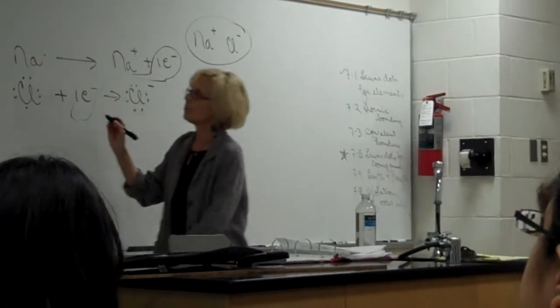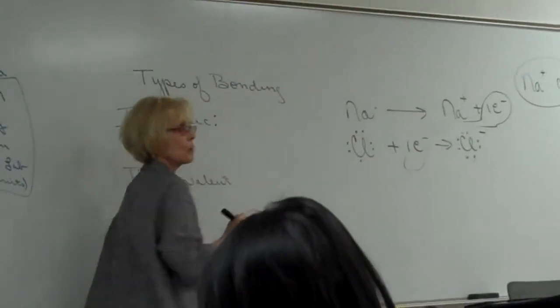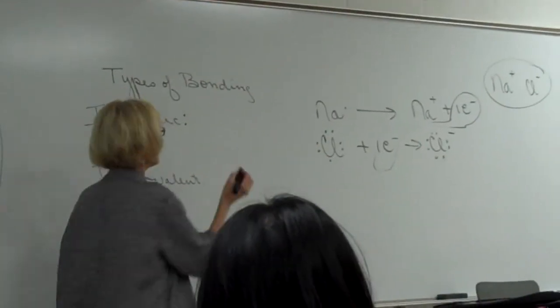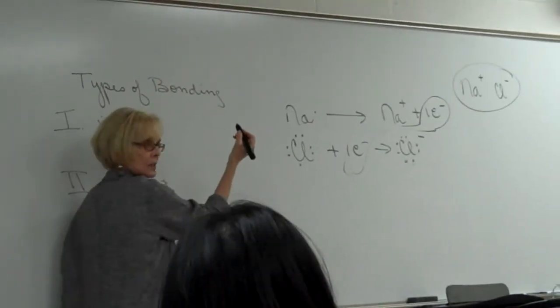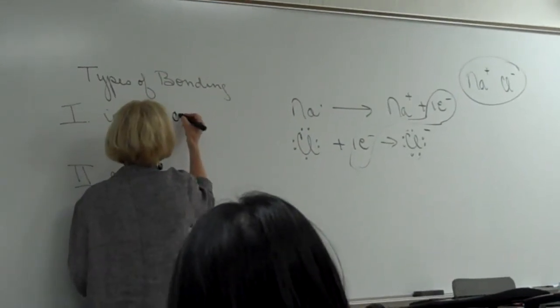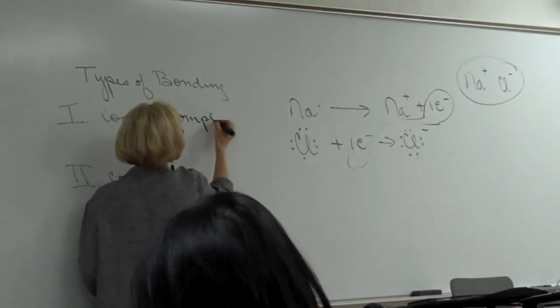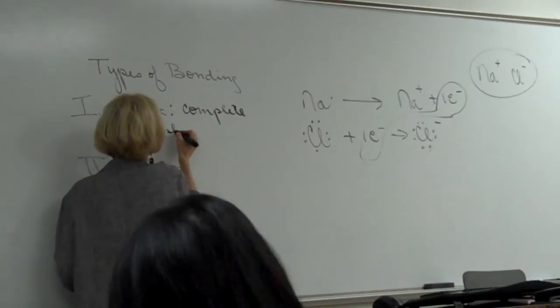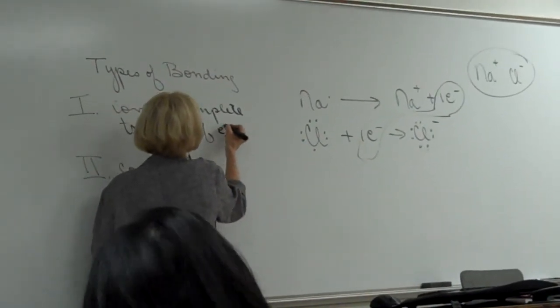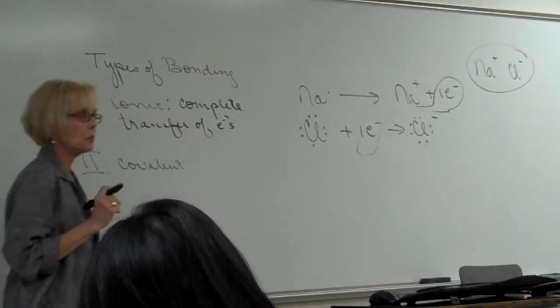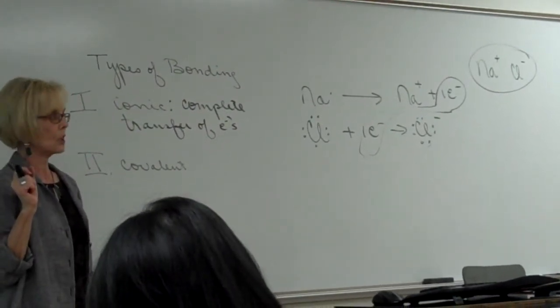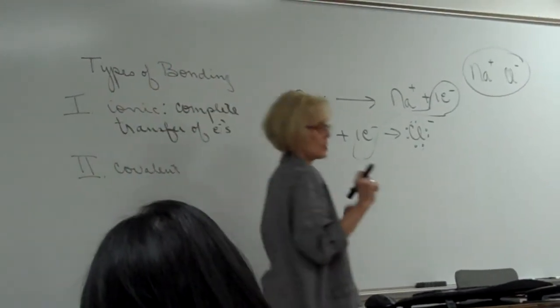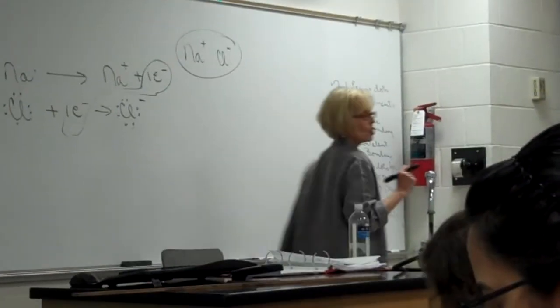And we come over here, and this is referred to as an ionic bond, because ionic bonds are defined as a complete transfer of electrons. Complete transfer of electrons. And here's how we speak. Sodium chloride.